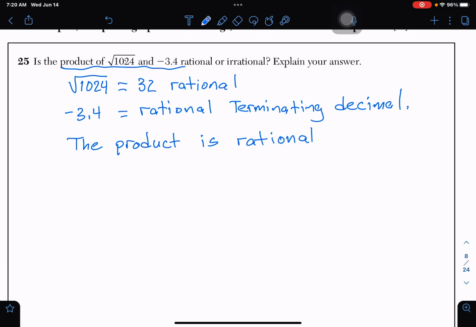If you multiply 32 times negative 3.4, you get negative 108.8, which is rational.